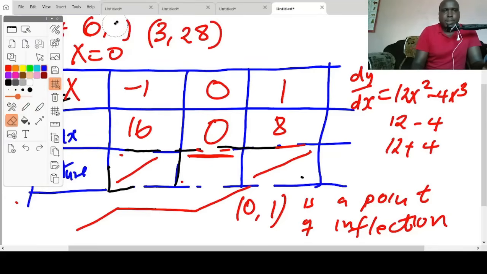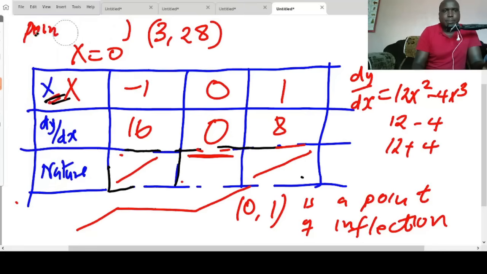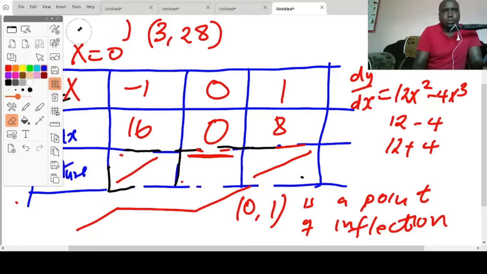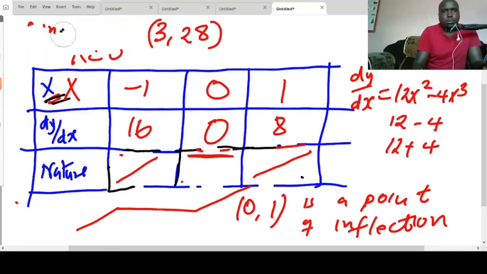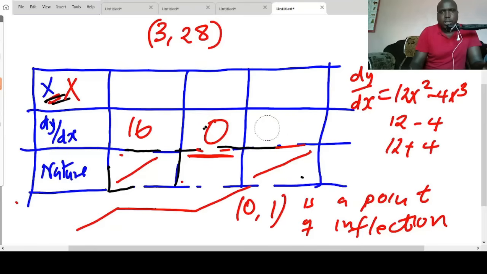So let me delete this one here. In this idea, you clear everything because they are not going to be the same. Everything is unique here.